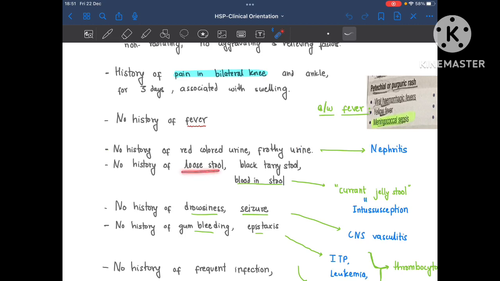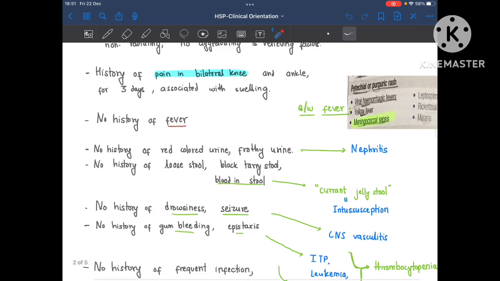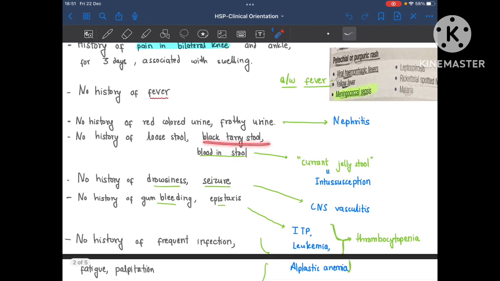And loose stool, black tarry stool, blood in stool, all this for intestinal perforation, because there is inflammation of the mesenteric blood vessel leading to ischemia or necrosis, and sloughing of the wall leading to bleeding, and the child presents with black tarry stool.